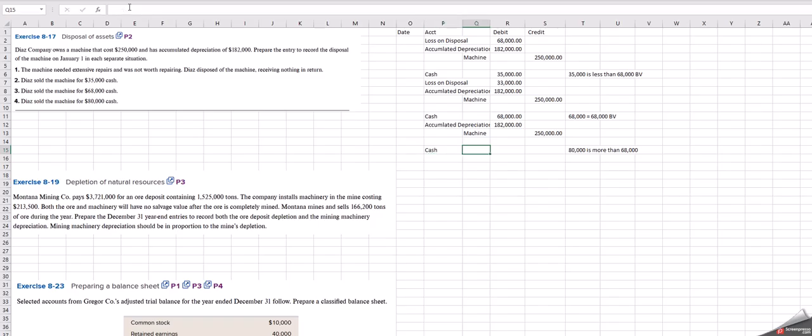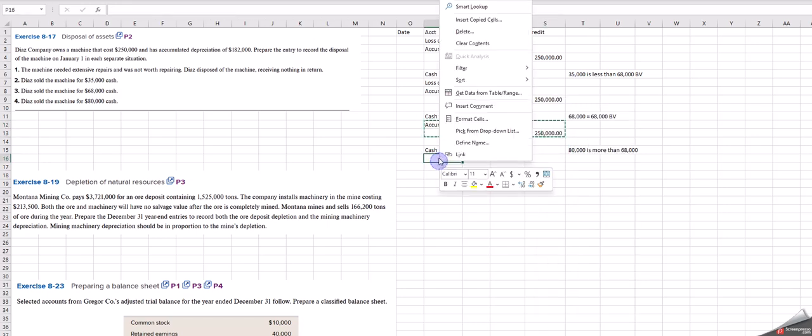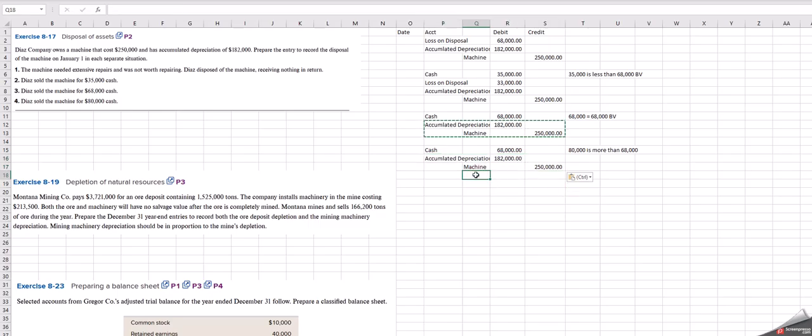I'm still going to have these same two entries because those are always going to be the same. But now I'm going to have a gain on the disposal, and my gain is going to be the $80,000 minus the $68,000 book value. Did that really balance though? I'm sorry, I didn't change this. So cash comes in at $80,000. We get rid of the machine and the accumulated depreciation, and then we record the gain.